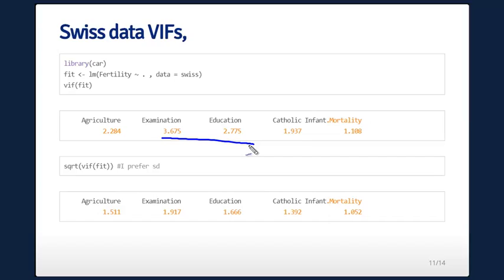By the way, I like square rooting the variance inflation factors to get standard deviation inflation factors instead. That's so you can see, for a given covariate, how much variance it appears to be adding relative to a model where all the covariates were orthogonal.